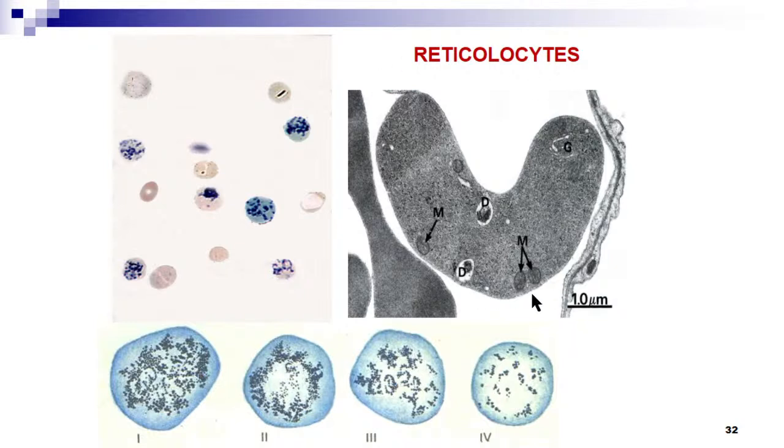And under electron microscopy it is very visible inside this reticulocyte: dictyosomes of the Golgi complex, mitochondria in the cytoplasm. This is also Golgi complex. So it is an immature red blood cell, an immature erythrocyte.